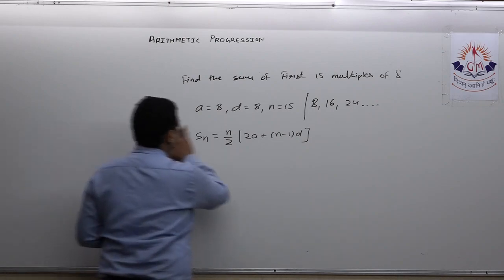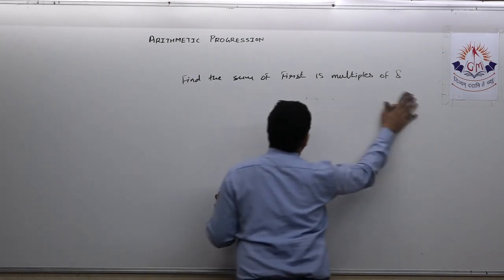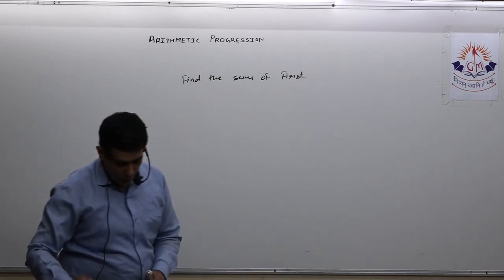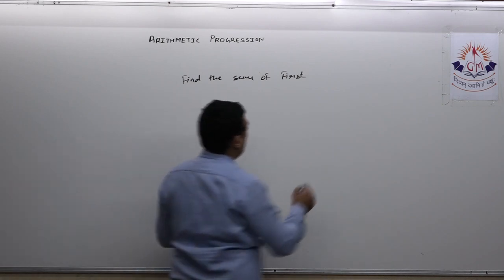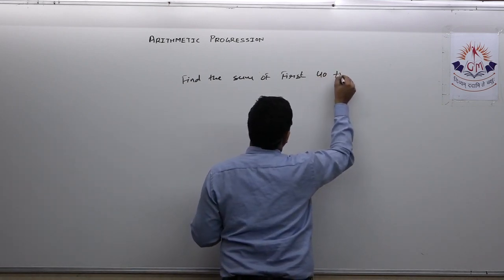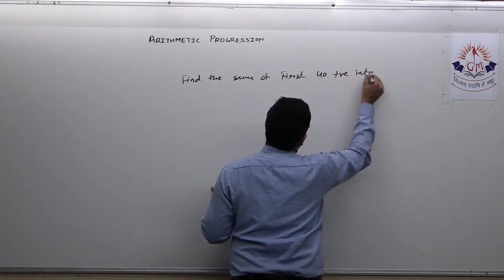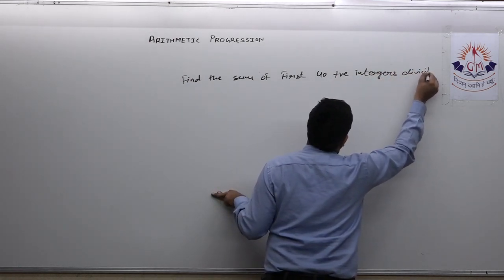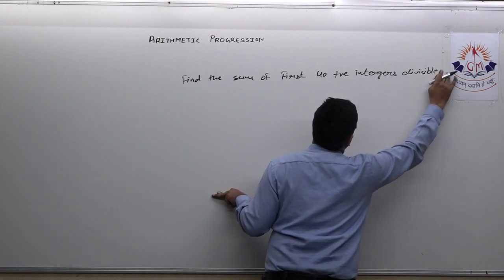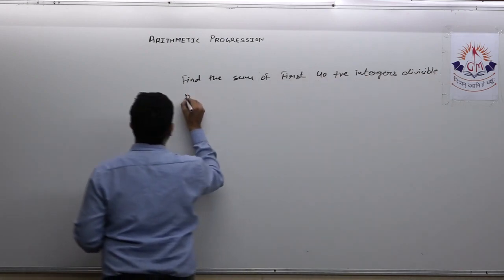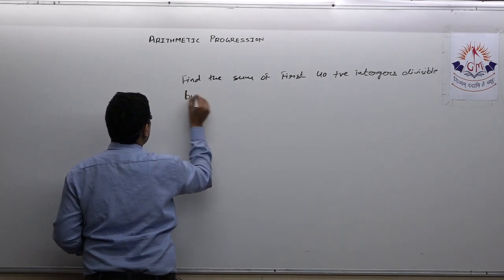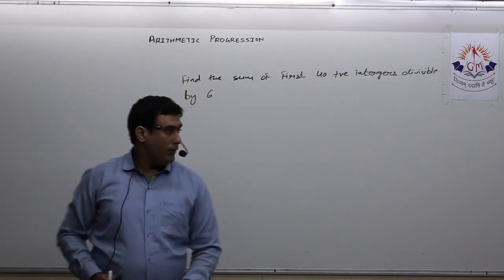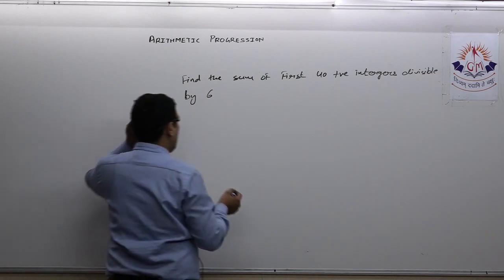Now suppose they are asking, find the sum of first 40 positive integers divisible by 6. Again the same thing, we just obtain a and d.